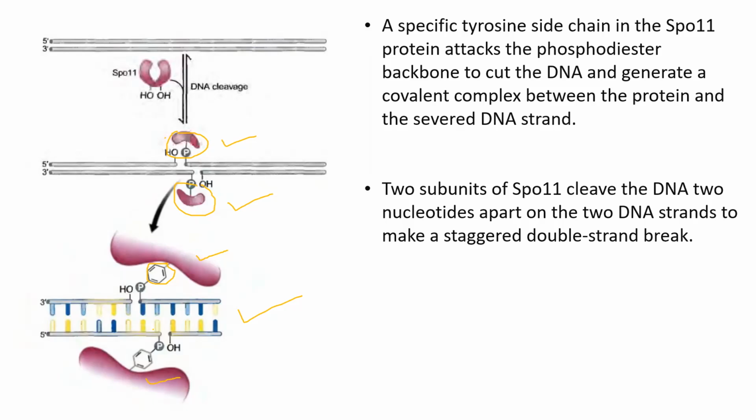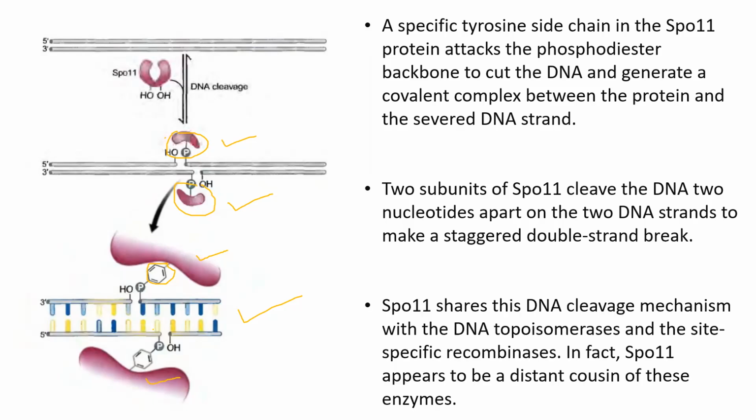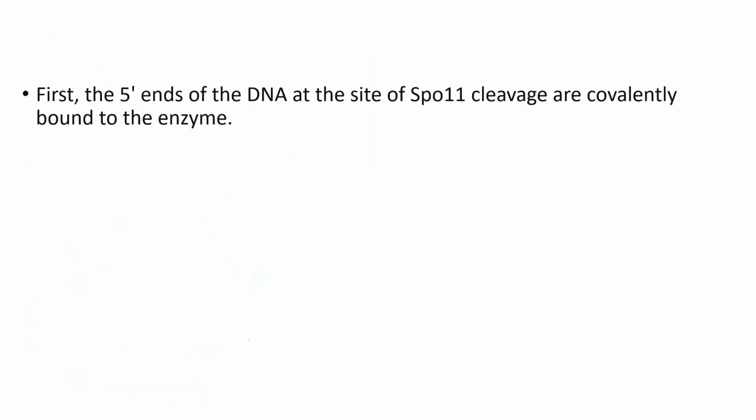This protein has not left the DNA, it's still making a covalent complex. The reason is, as we'll shortly see, SPO11 shares this DNA cleavage mechanism with the DNA topoisomerases involved in supercoiling and site-specific recombinases. In fact, SPO11 appears to be the distant cousin of these enzymes.